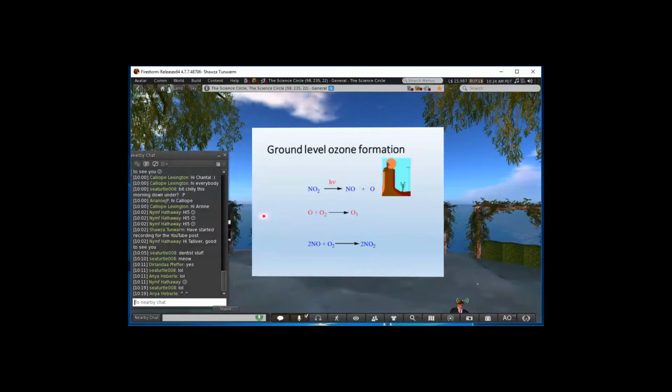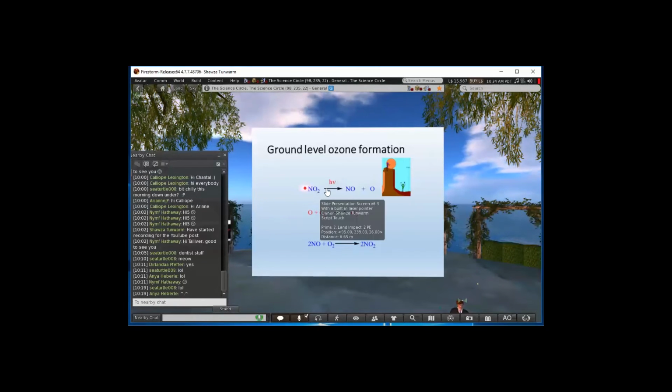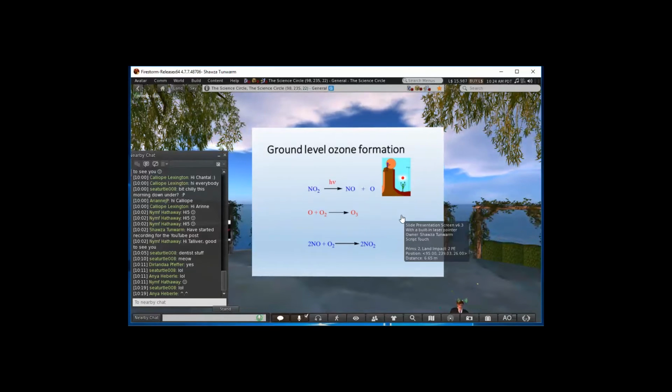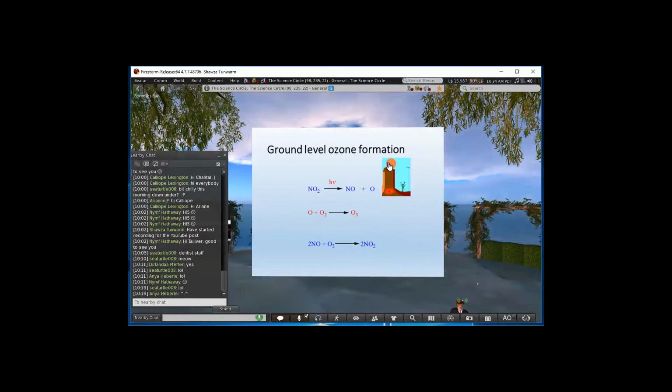In the lower atmosphere, we can get dinitrogen or nitrogen dioxide from cars, can be hit with light. And in my last talk, I used this little figure to indicate when a molecule was hit by light, gets up into a high energy state. That light can split the nitrogen dioxide into NO and an oxygen atom.